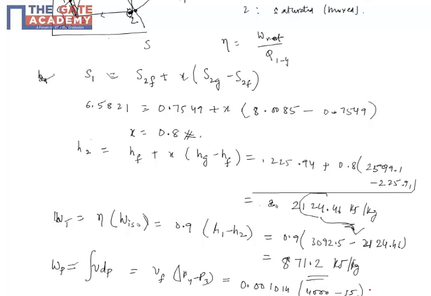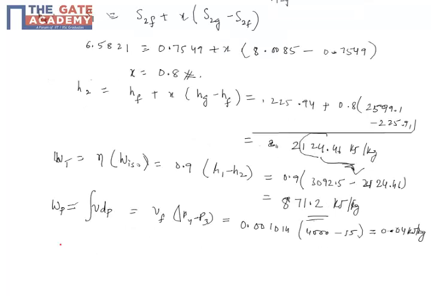In kilojoules per kg this comes out to be 0.04. It's very negligible compared to the turbine work. Even if you forget to calculate it, that's okay. So H4 minus H3 is 0.04.